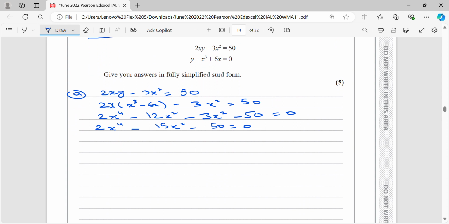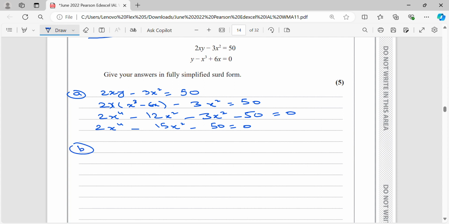Solve the simultaneous equations, it means that I have to do a quadratic here, because this whole thing is 2x raised to power 4 minus 15x squared minus 50.